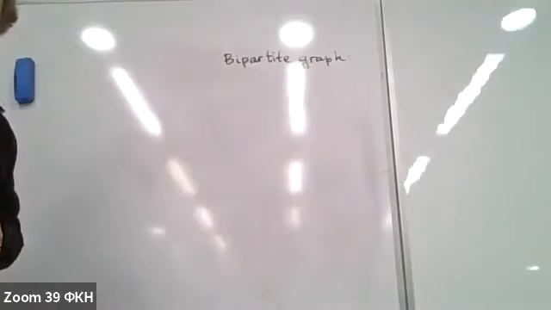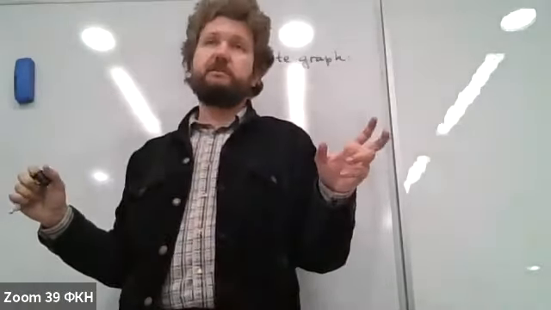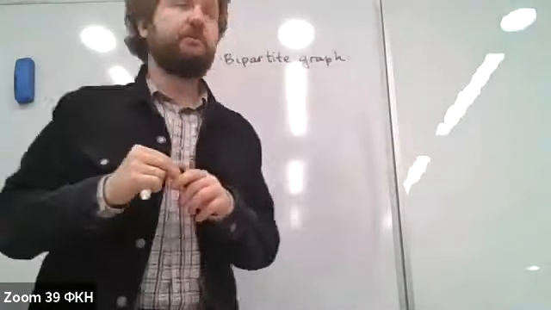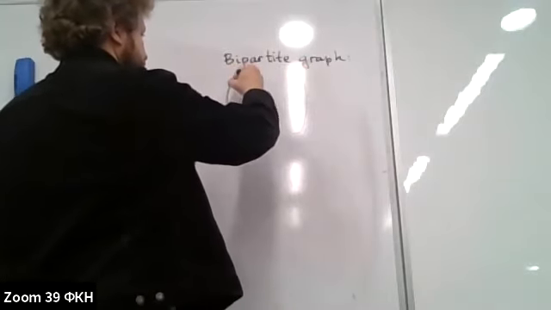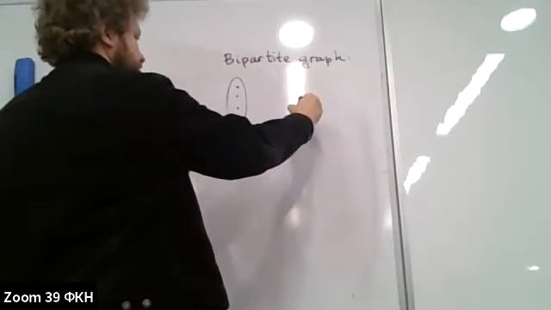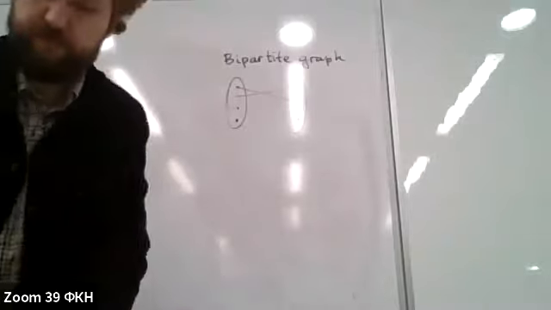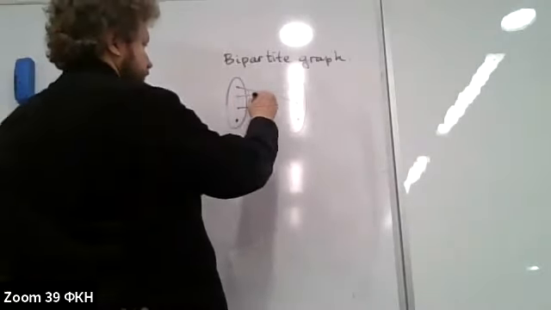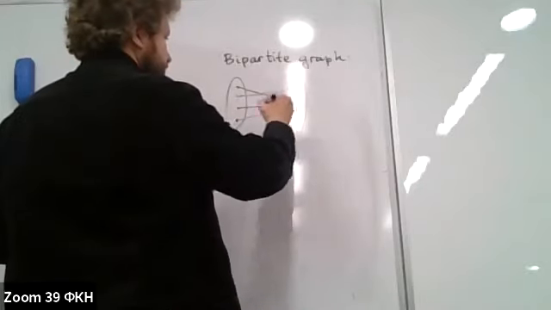So a bipartite graph is a graph which contains two parts and all the edges go between them. You will have this first part, the second part, there are some vertices here, some vertices there, and all the edges can go only this way. There are no edges inside the parts.